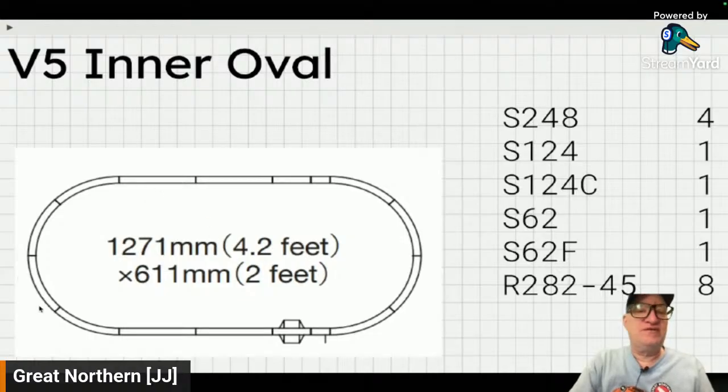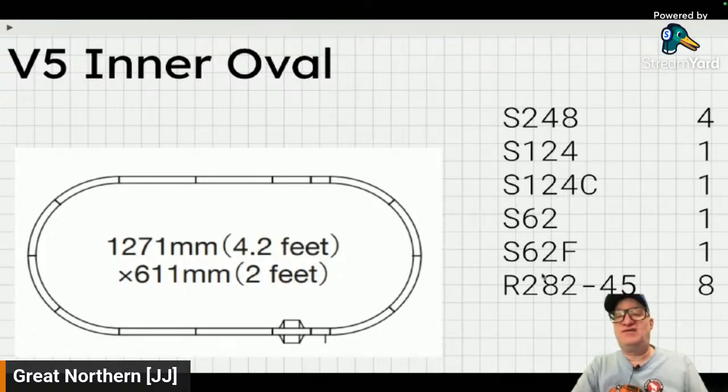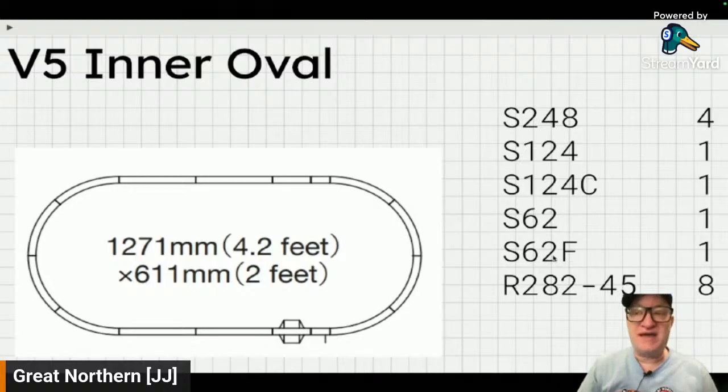What this inner oval does allow you to do is, even for people with even smaller space, this could probably easily fit on a coffee table. Dimensions are 4 feet-ish by 2 feet. And this V5, I think, does ship with some of their things called M1, M2.